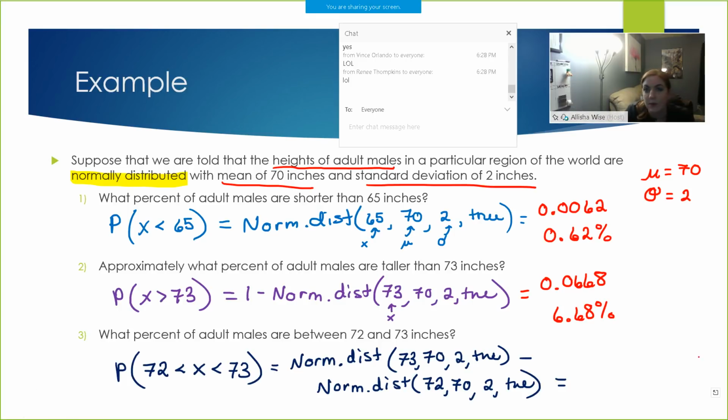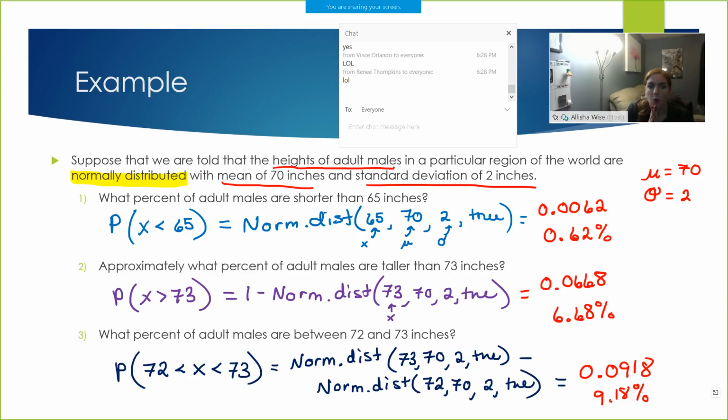We've got some probability here, 0.0918, so this would be 9.18%. Not a huge portion that's between 72 and 73 inches, but right there in between those two values, those heights.